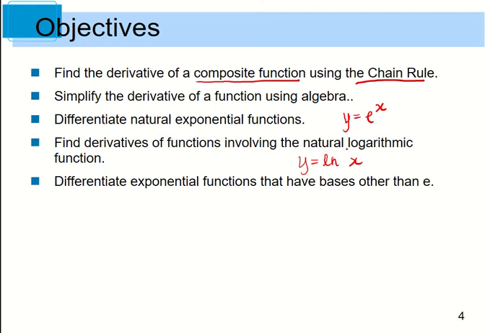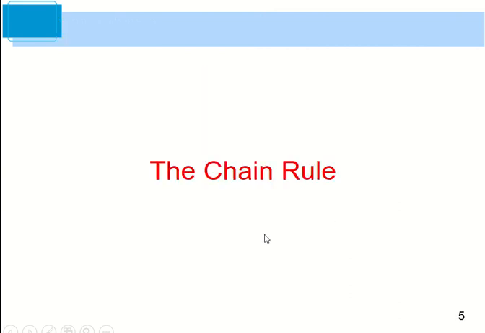And finally, we need to know how to differentiate a logarithmic function that has a base other than e, for example y equals log 2x. So these are the objectives of this discussion.